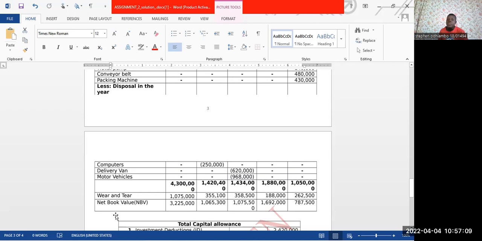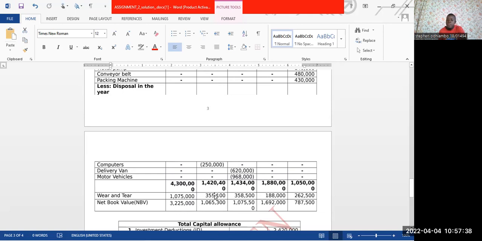So the net book value is you take the total sum of working down value plus additions less disposals, then less wear and tear allowances. If you do that, you are going to get, for this class 1, you take this minus this, you'll be getting 3,225,000.